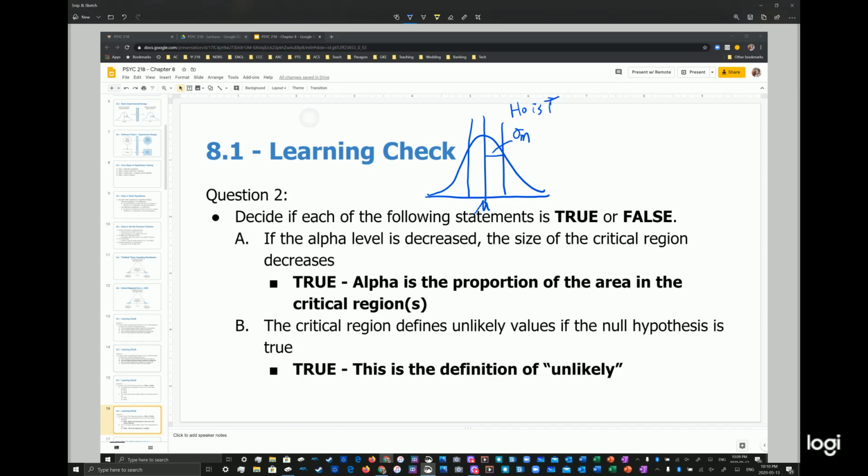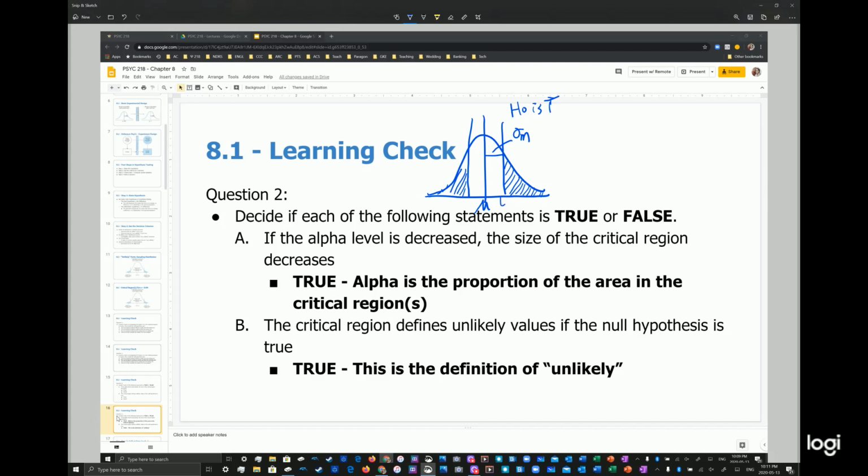So if we want to take our chances, so to speak, in plain English, or if we want to increase our probability of saying that there is a difference, that means we're increasing our alpha level. That means we're going to say, with more sample means, yeah, we'll consider that extreme.